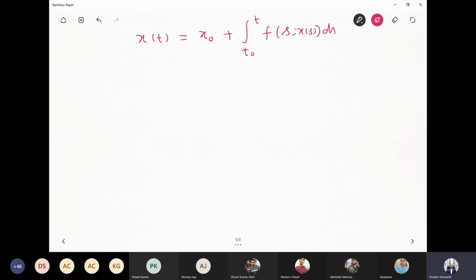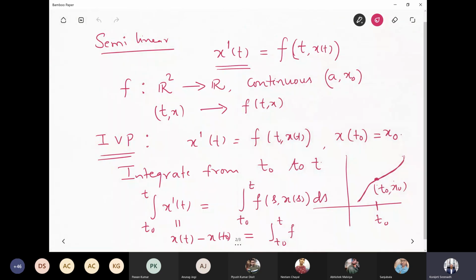This is for all t, wherever you are looking at the solution, in an interval or in the whole real line: x(t) equals x naught plus the integral from t naught to t of f(s, x(s)) ds. Right. So what is the way to find a solution for this equation? Both are equivalent. I can call this equation 2, and the earlier equation 1.